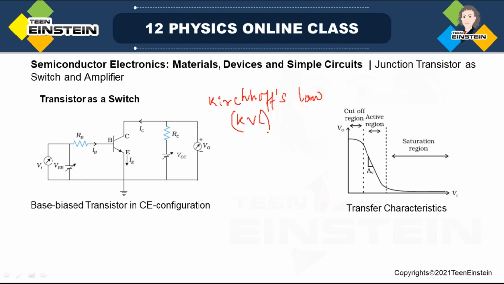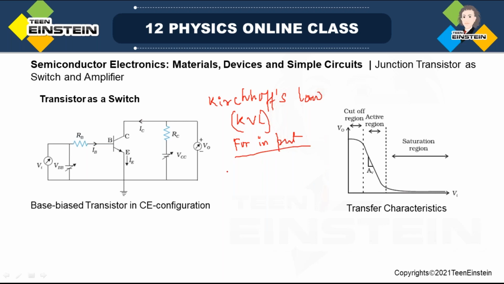KVL, the voltage law. We will be writing for the input, the BE junction, first, and then we'll write for the output junction also.